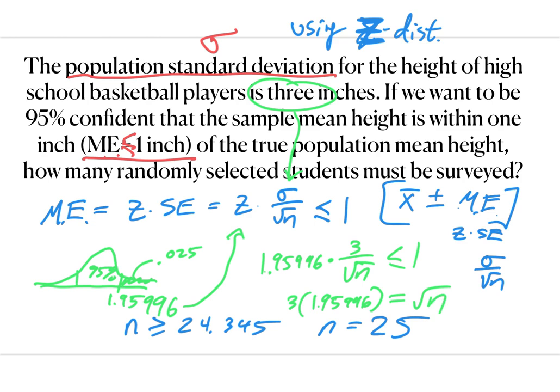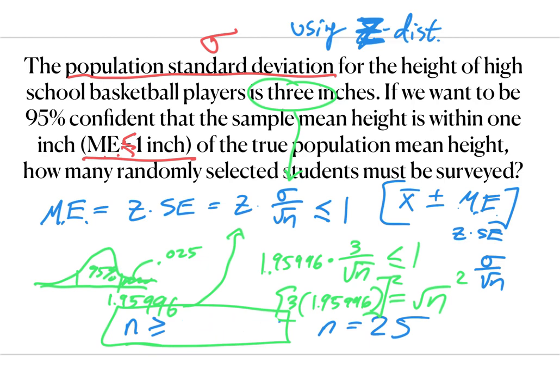If we multiply both sides by the square root of n, that's moved it out of the denominator. And then I will square both sides. So I'm going to take all of this and square it, resulting in n being 24.345. I messed up on the z-score. So someone messed up on the z-score, so this is not the correct number.